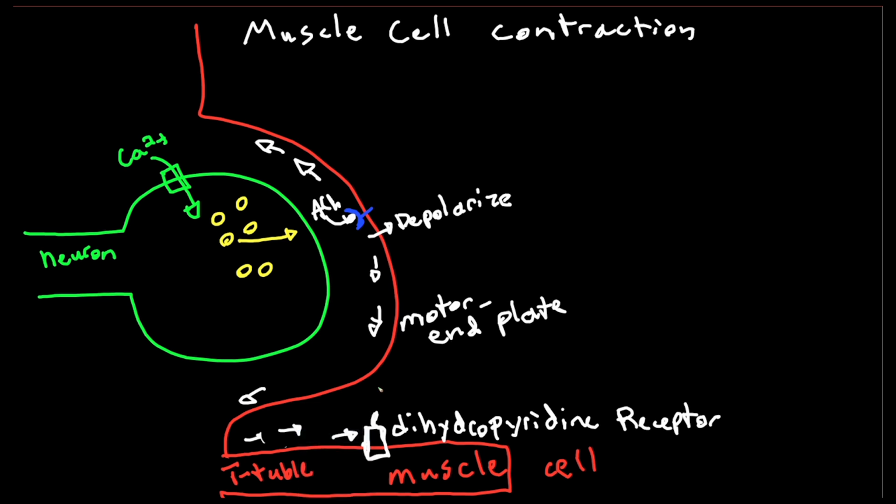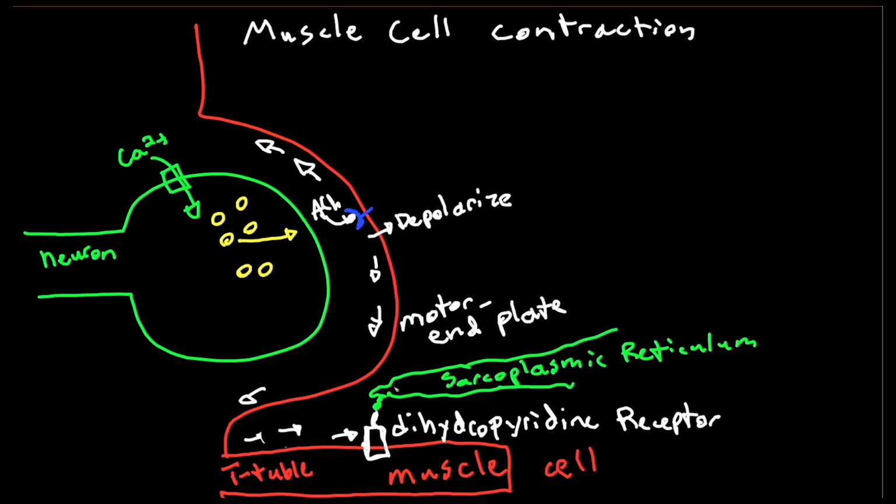Right here, that's connected to, this will be the sarcoplasmic reticulum. And we said earlier, this is the same thing as its fancy name for endoplasmic reticulum that we're all used to. And then this receptor is actually really important right here. So let me just mark it out here.